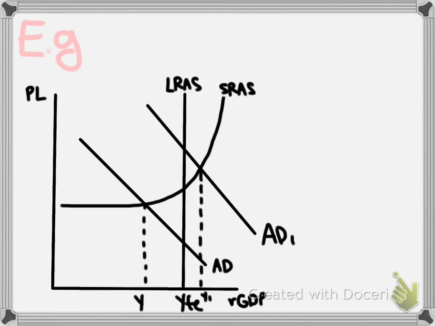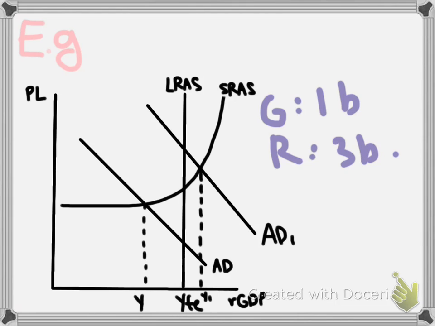One more example where there is a recessionary gap of $3 billion and the government spending increases by $1 billion. Here, the multiplier is 4, which means an increase of $1 billion increases the total by $4 billion, which exceeds YFE by $1 billion.